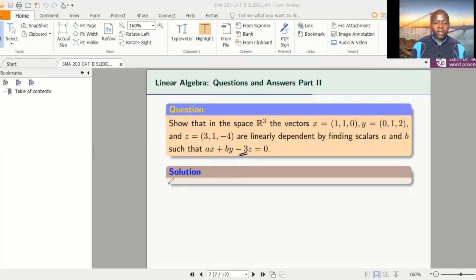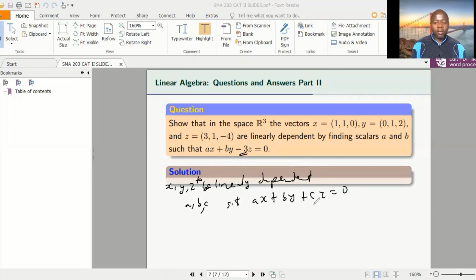For vectors x, y, and z to be linearly dependent, you can obtain scalars a, b, c such that a times x plus b times y plus c times z is equal to 0.